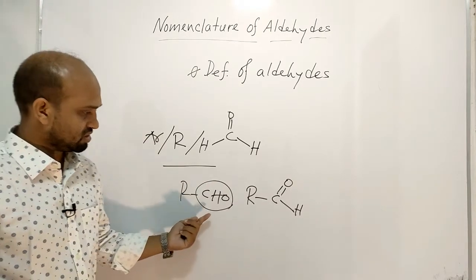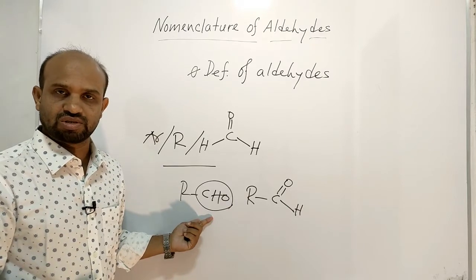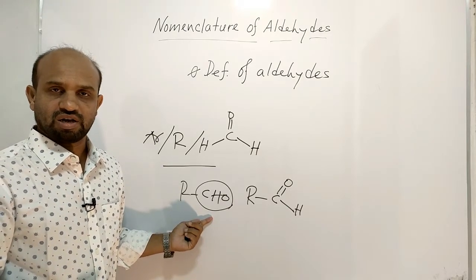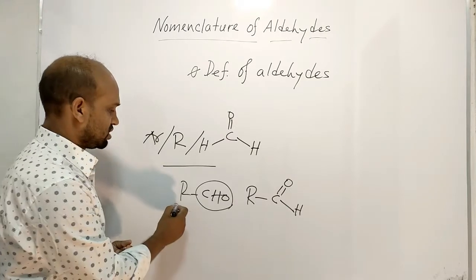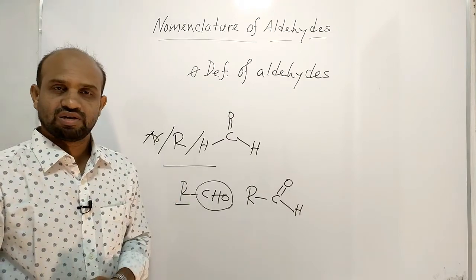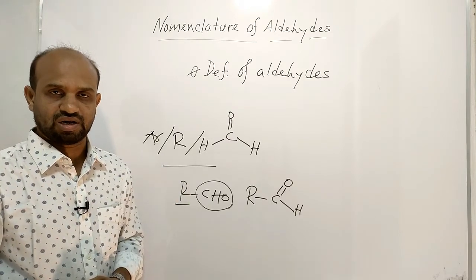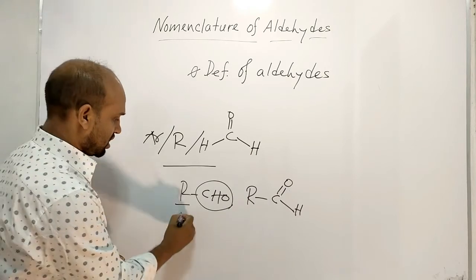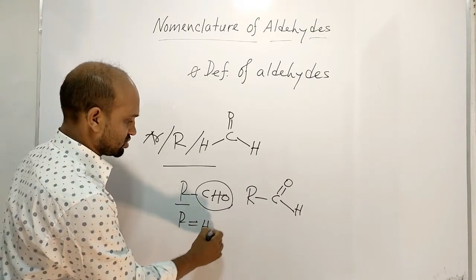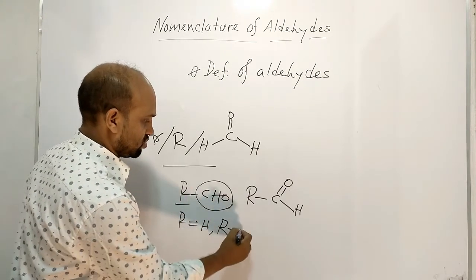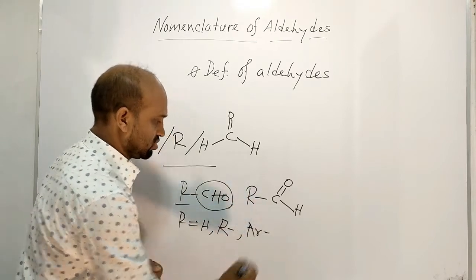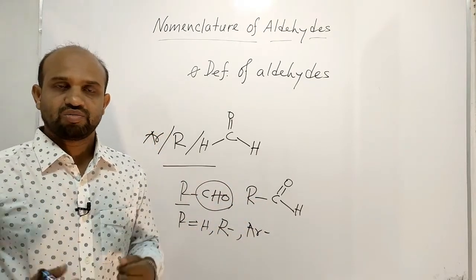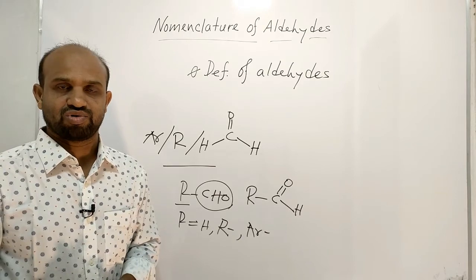Now the definition is: the compounds that contain aldehyde group with R is called aldehyde. Here R may be hydrogen, alkyl group, aryl group or any monovalent hydrocarbon group.